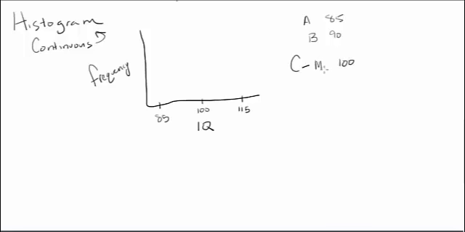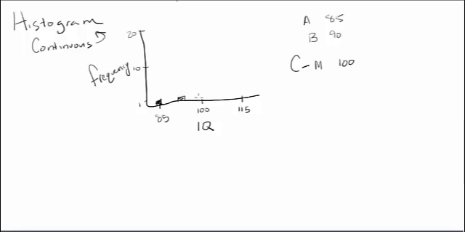Just kind of make a running tally and you go, okay, person A got an 85, so I'm going to add a little tick mark here. So maybe this is 10 people. We have kind of a small sample here. Person B scores a 90, so then here 85, 100. So maybe a 90 is about there.